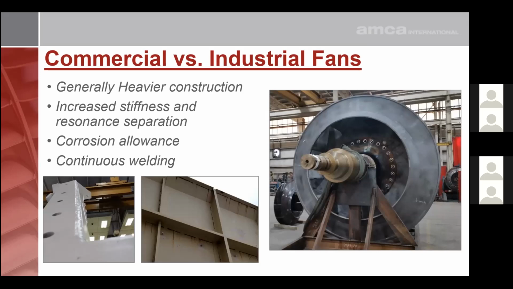Industrial fans are typically designed for higher pressures, but high flow, low pressure industrial fans are possible, but are generally larger, higher horsepower. Commercial fans will vary from fractional horsepower all the way up to maybe 100 horsepower for a large building HVAC system. But for industrial fans, there is some overlap. They will be in the 10 to 20 horsepower range, all the way up to 10,000 horsepower for a utility FD or ID fan.